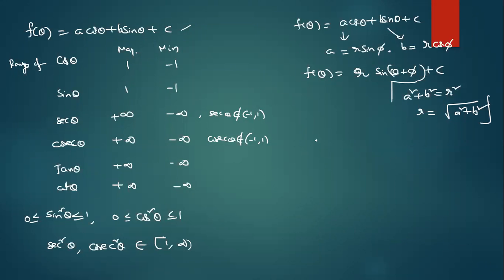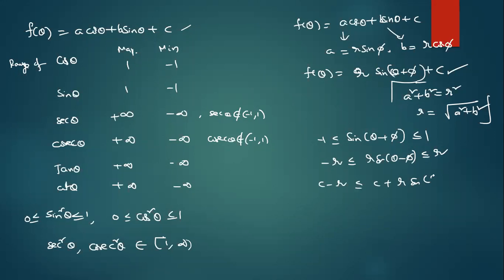We'll discuss this later. Fine. Theta plus alpha means one angle. What is the range? Minus 1 to 1. Now multiply with R on both sides: minus R is less than or equal to R into sin of theta plus alpha, less than or equal to R. Adding C, we get C minus R to C plus R. So what is this?